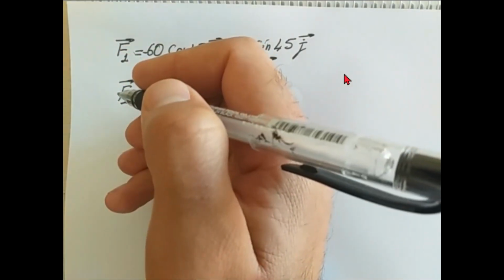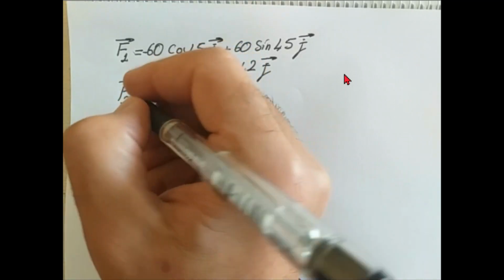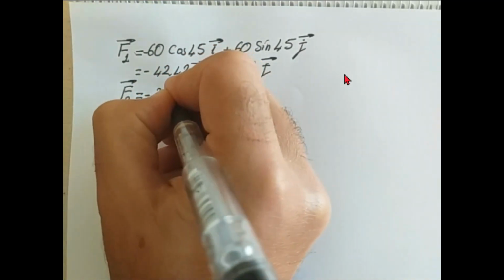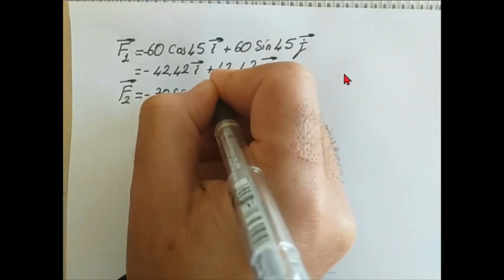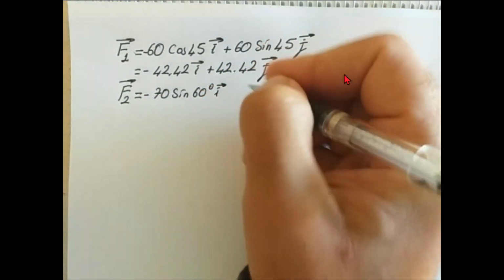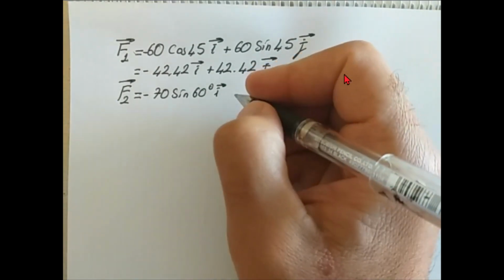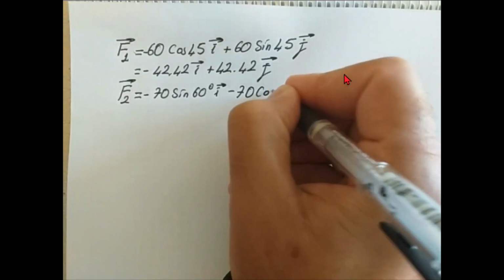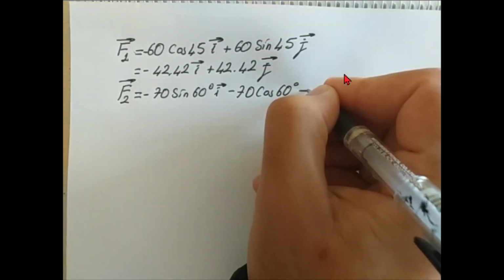So its x component is minus 70 multiplied by sine 60 degrees i vector minus 70 cosine 60 degrees j vector.